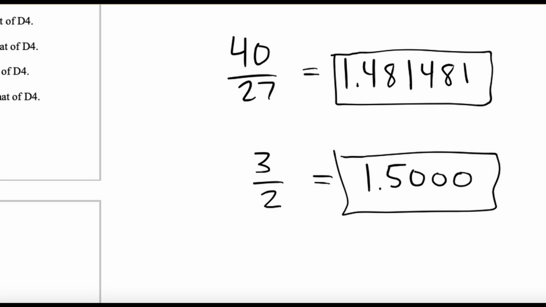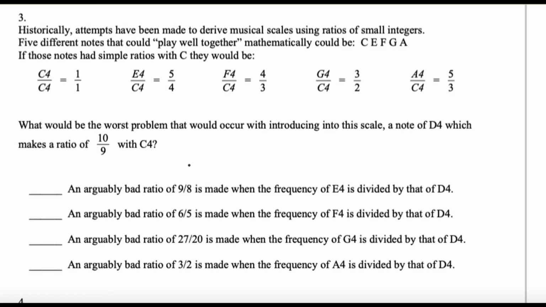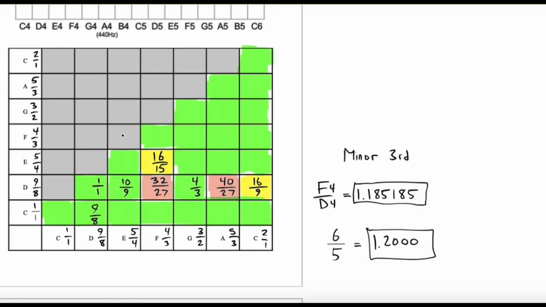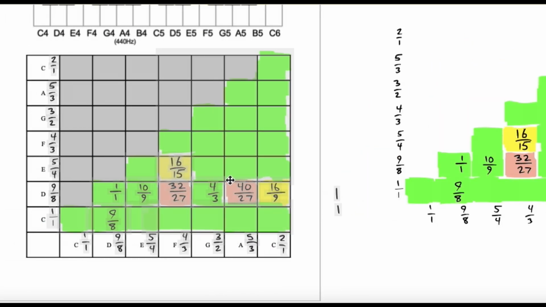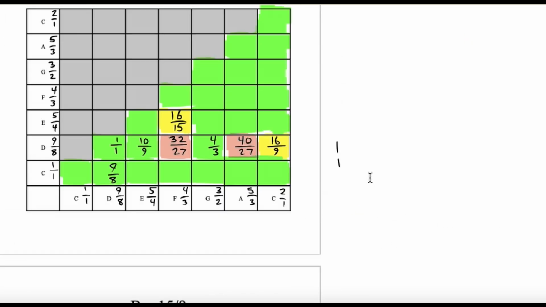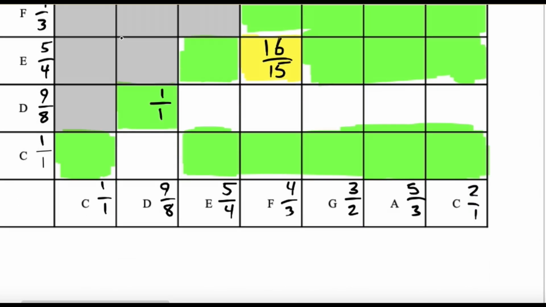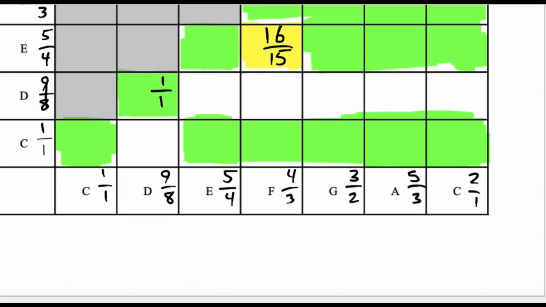Here it says, though, what if we let D4 be 10 over 9 instead of 9 over 8? Would that fix the problems? We're going to have the same table, basically. The only difference is, instead of using 9 over 8, we'll switch it now to 10 over 9 to see what if we did that?